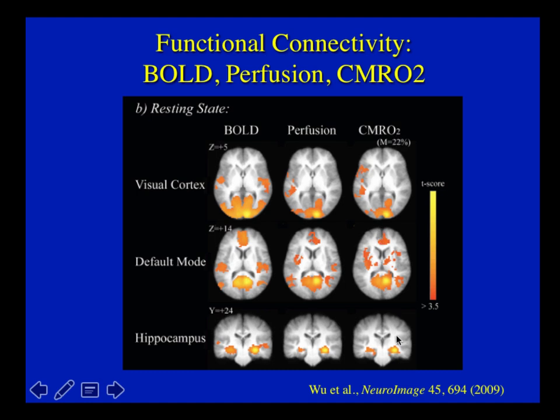So these maps represent the metabolic rate oscillations during resting state. So this is a nice extension, or combination, of the two, BOLD and perfusion, to get at another piece of information that is a little bit more localized to the tissue activity.